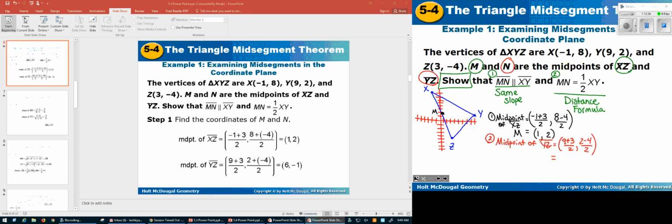And then simplify. What's 9 plus 3 divided by 2? So we get 6, and then 2 minus 4, divided by 2, -1. And that's going to be the coordinates for point N. So on your graph, plot that point, (6, -1).